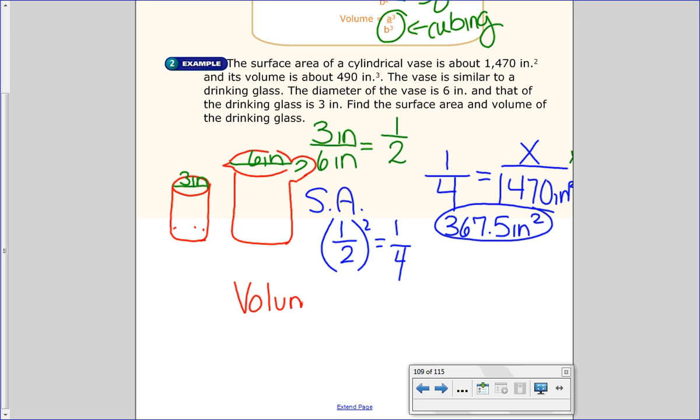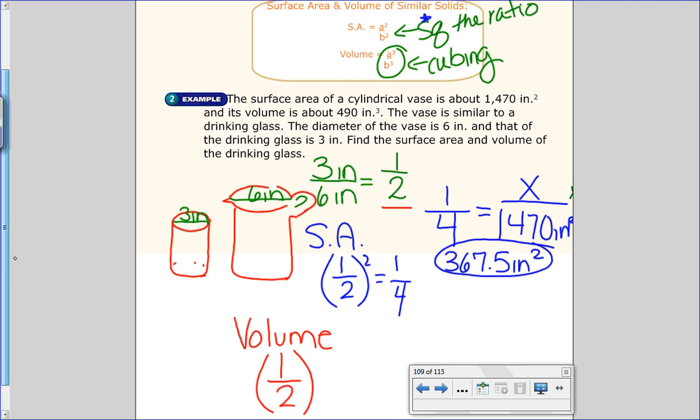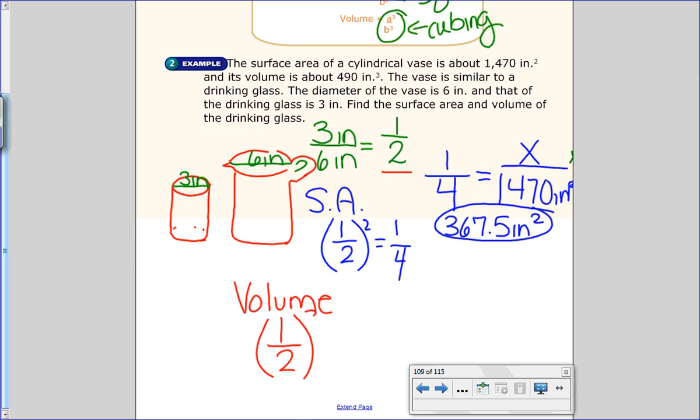So we again start with that ratio of 1/2. But this time we don't square it, we go back up to the top and they tell us to cube it, or do the third power. So 1 cubed is 1, 2 cubed is 8. So 2 times 2 times 2 is 8. That's our first ratio, 1/8.